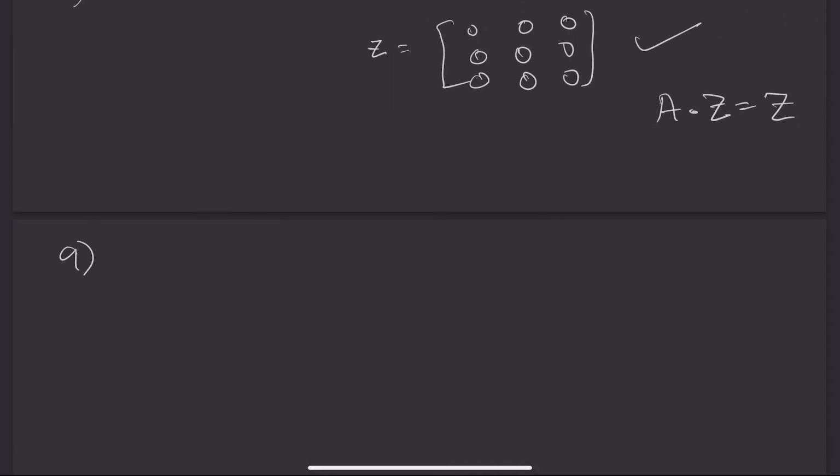So another type of matrix we have is the triangular matrix. We have two types of triangular matrices, and the first one is the upper triangular matrix. An upper triangular matrix is a matrix where all the elements which are not in the upper triangular part are zero.